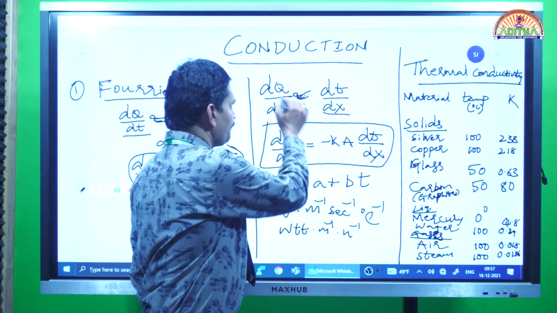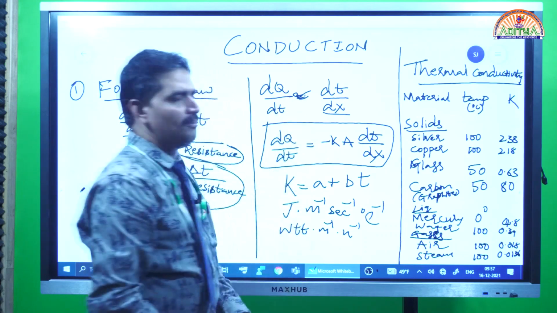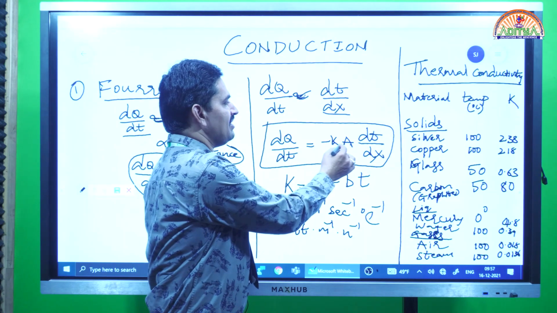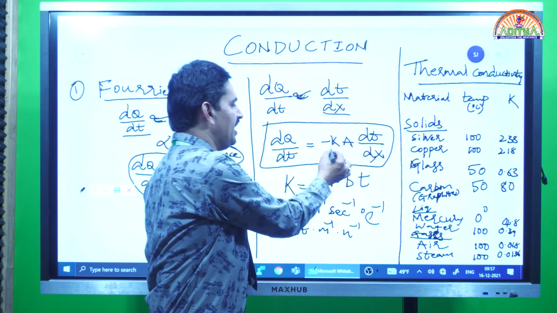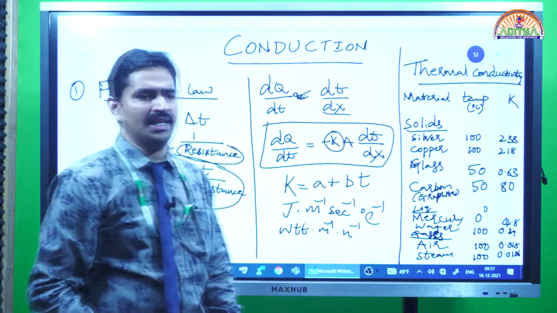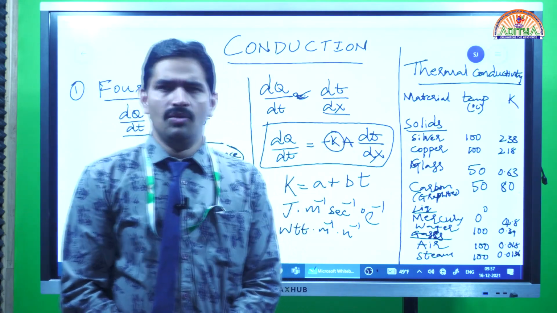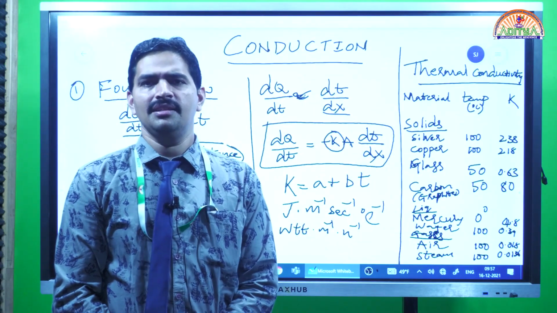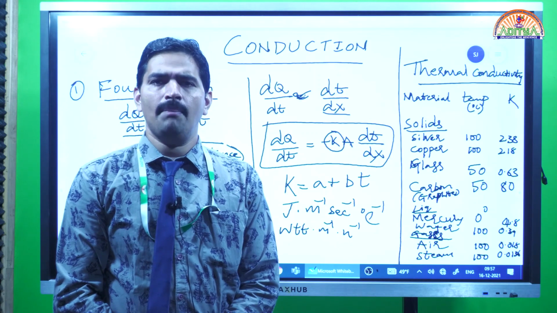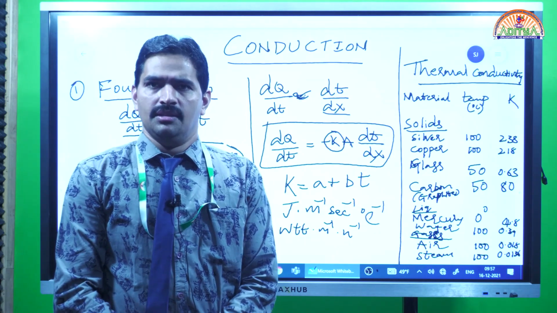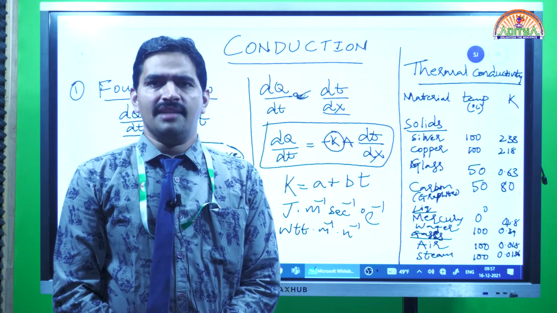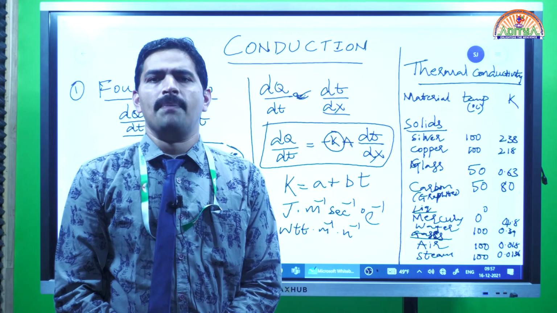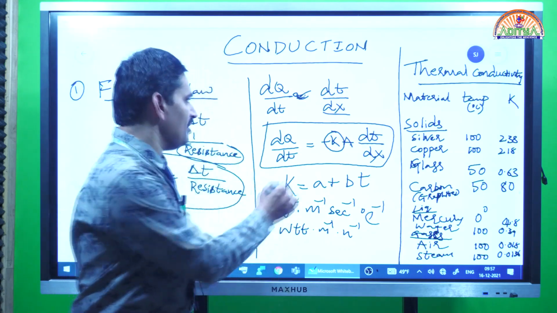So dq by dt is directly proportional to dT by dx, where dq by dt is equal to minus kA dT by dx, where k is called thermal conductivity. Thermal conductivity is the rate of heat transfer by conduction depending upon the unit cross-sectional area having a temperature difference perpendicularly, which is called thermal conductivity.